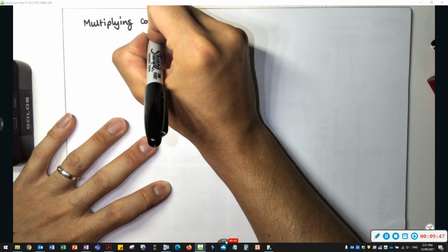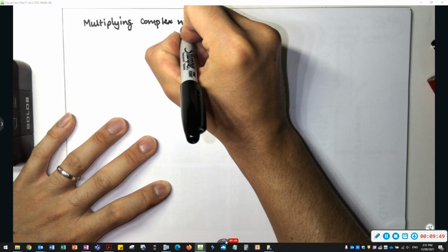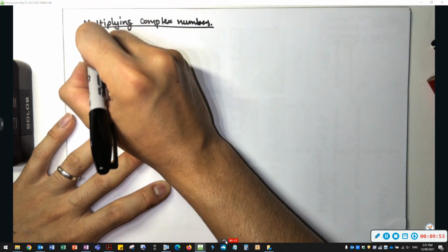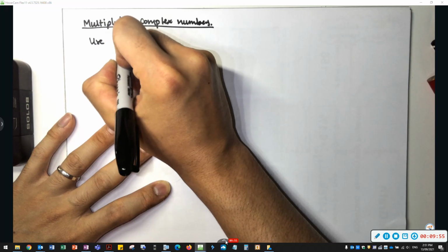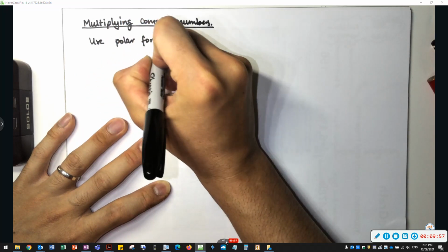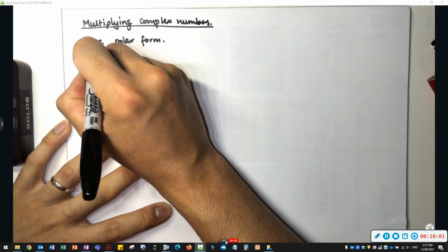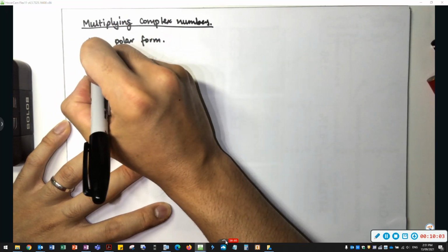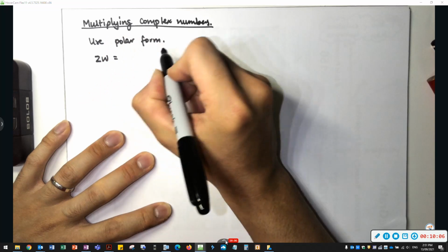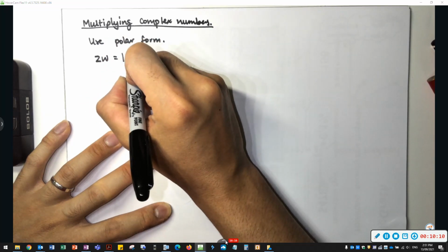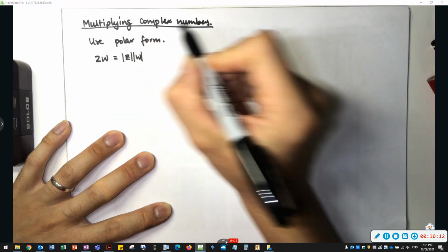Multiplying complex numbers. You should use polar form. Okay, so z times w equals the modulus of z times the modulus of w.